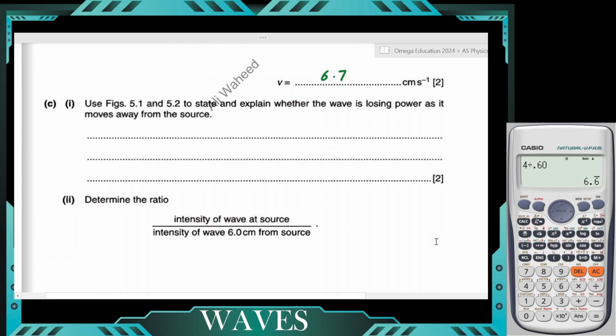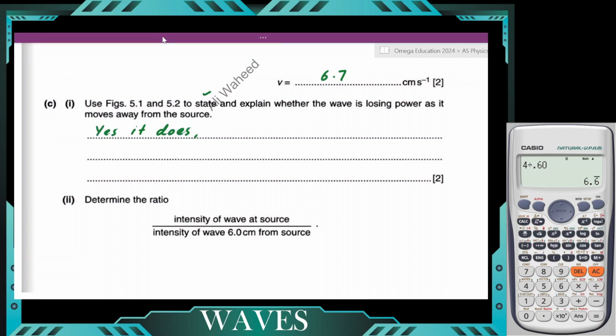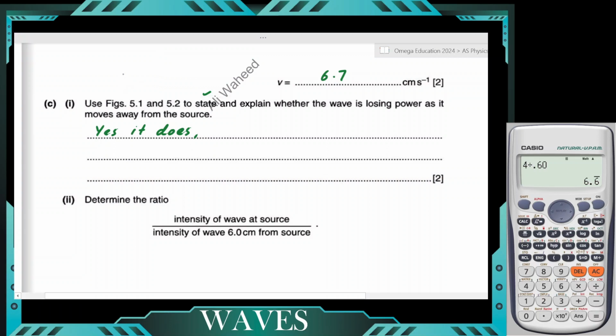Use figure 5.1 and 5.2 to state and explain whether the wave is losing power as it moves away from the source. Okay, first we have to state. The answer is yes, it does. And the reason, as I explained just a minute ago, is that as the distance from the source increases, the amplitude of the wave decreases, and the lesser the amplitude, the lesser the power.